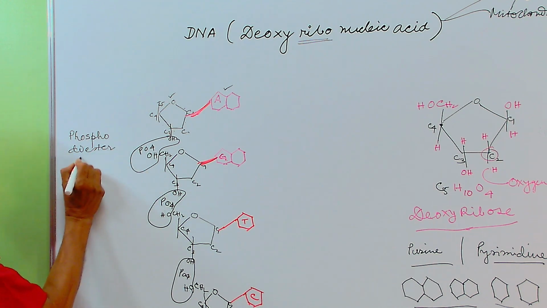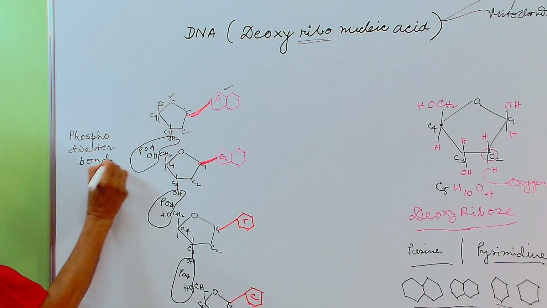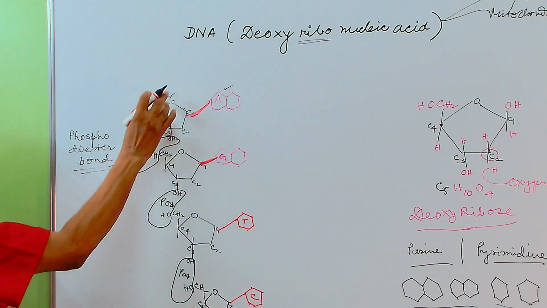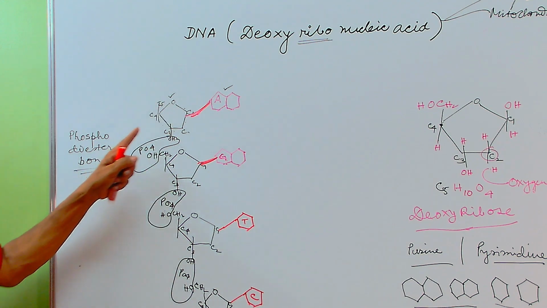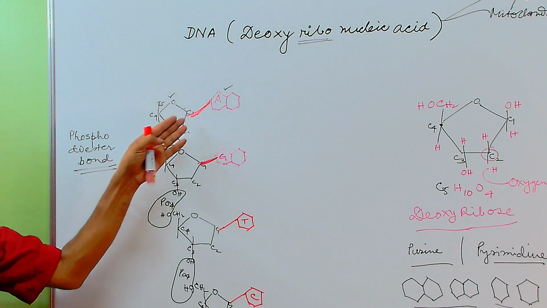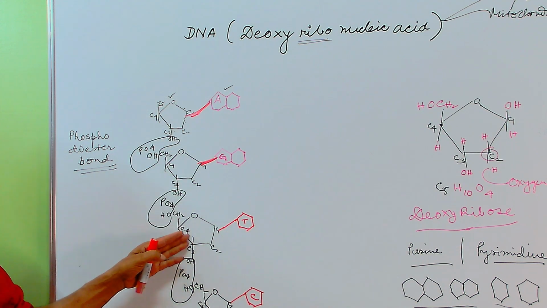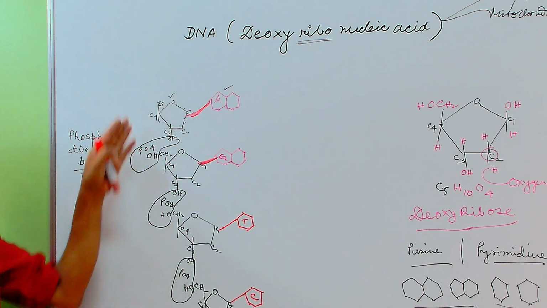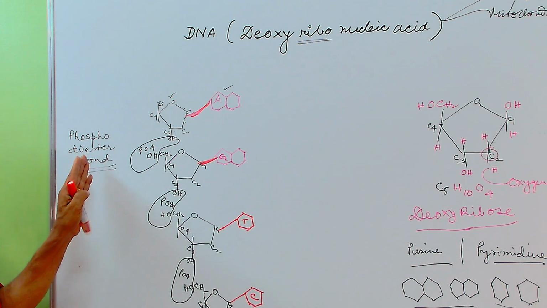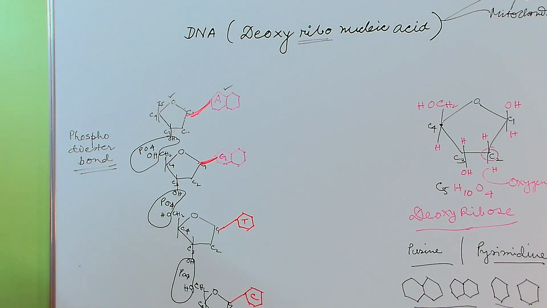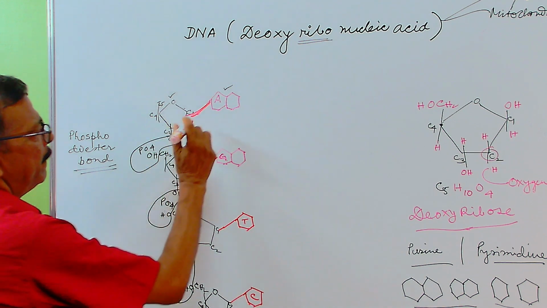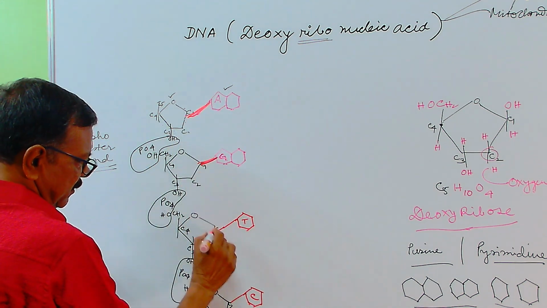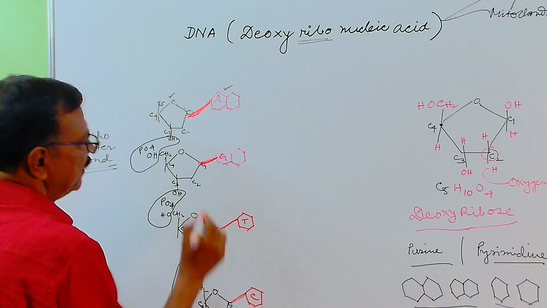This is the backbone. One nucleotide remains joined to another nucleotide to another nucleotide by phosphodiester bond. And what is the name of this bond?